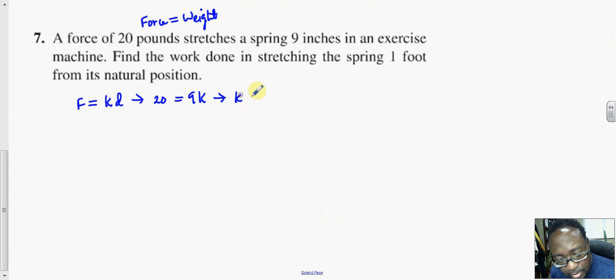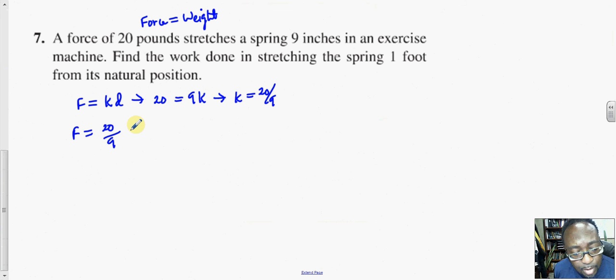That implies that the spring constant is 20/9, with the force being 20/9 times x, the distance.